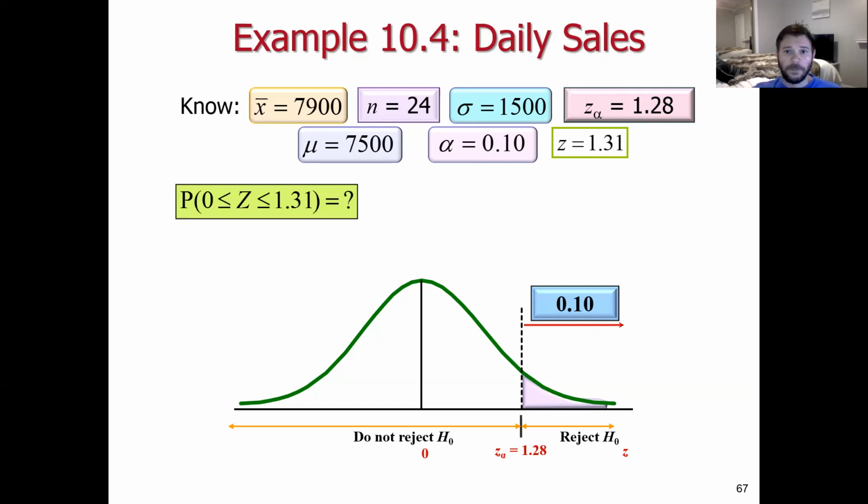So hopefully you have your standard normal table handy, because we're going to need to retrieve that particular value to give us the area between 0 and a z-score of 1.31. And then we'll be able to subtract that from 0.5 to calculate the area to the right of our z value of 1.31.